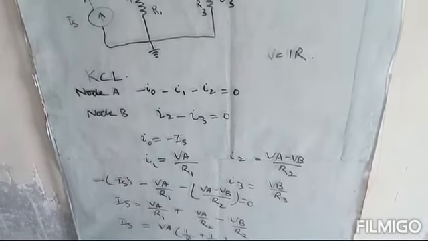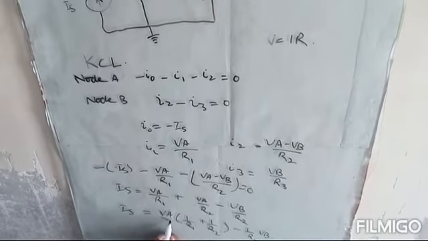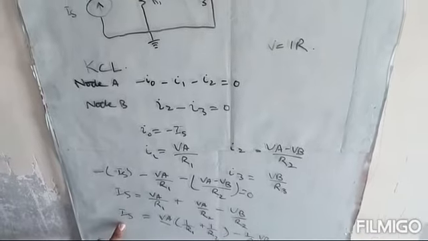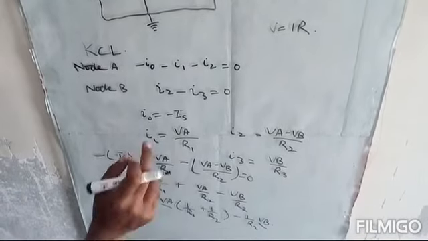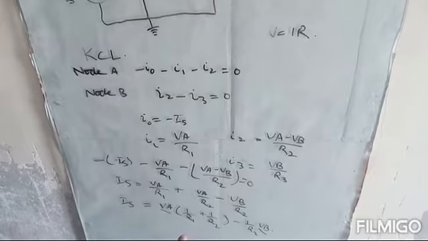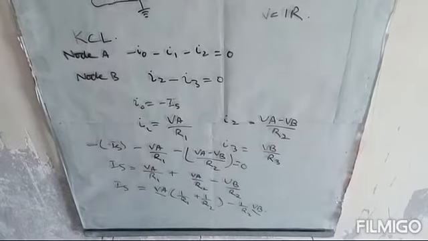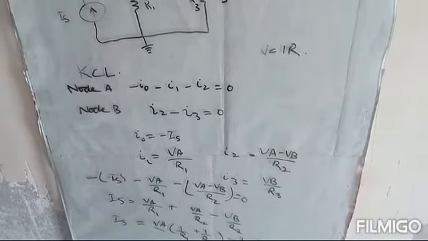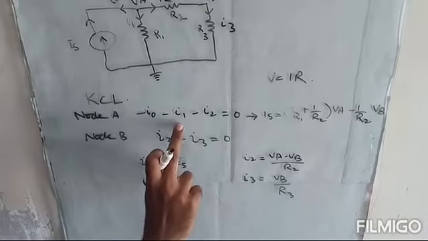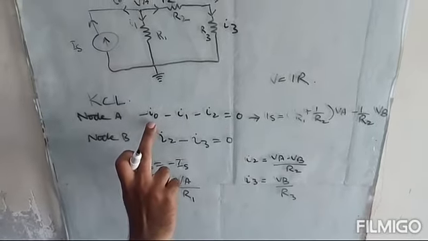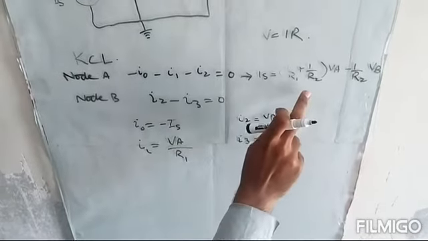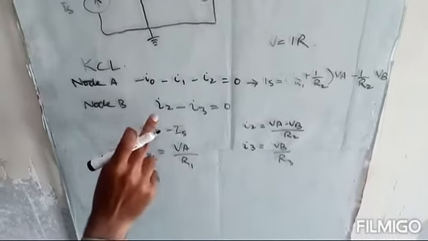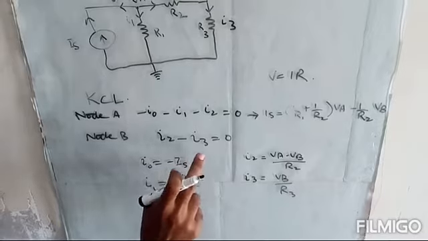So this equation is converted into the form of node voltages VA and VB. Resistances are known, the source current is known. We have converted this equation that was in the form of current into an equation that has the unknowns VA and VB. Similarly, we will convert this equation using the values of I2 and I3.